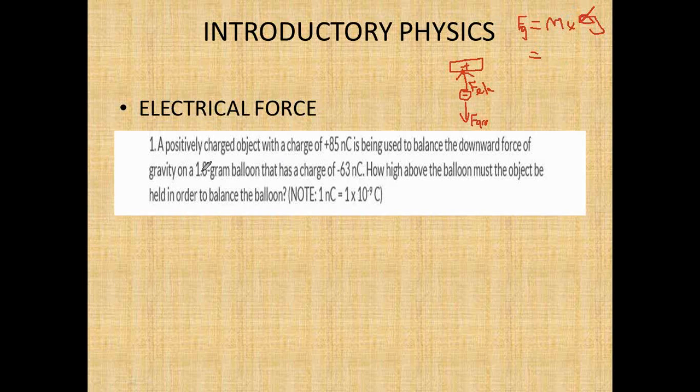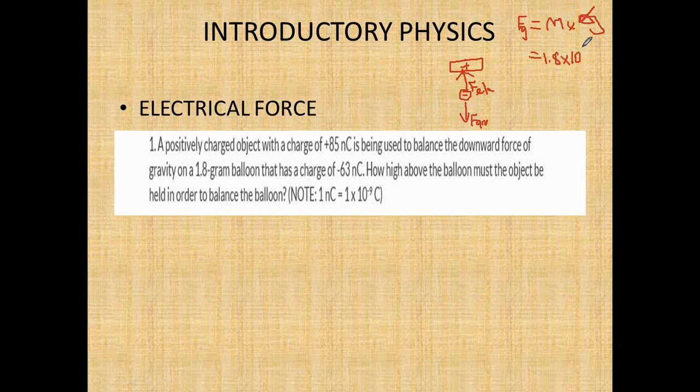So to convert your 1.8 grams into kilograms, you have to divide it by 10 to the power 3. So our mass would be 1.8 times 10 to the power minus 3 to convert the mass to kilograms.